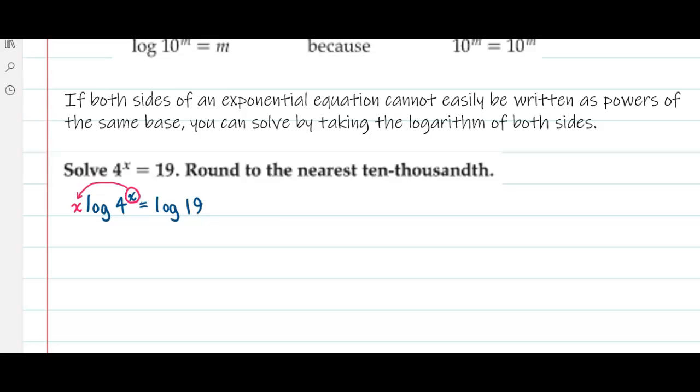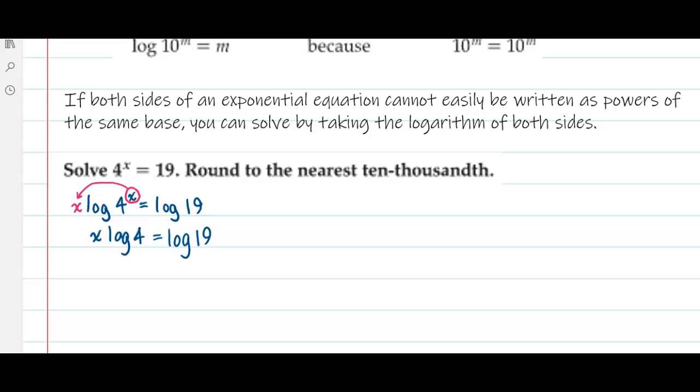We actually did that in reverse in the last video, where we took the coefficients and made them exponents so that we could consolidate our logs, but it does work in reverse. So now we have x log 4 equals log 19. These are both base 10 because I don't have a base written. It's implied that it's base 10.